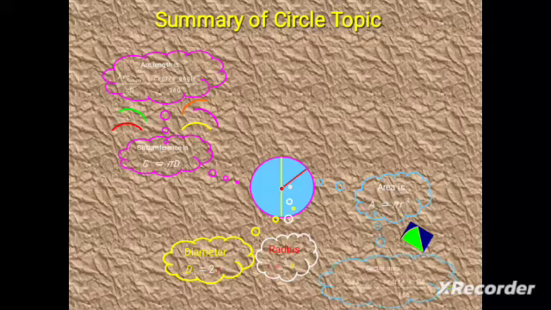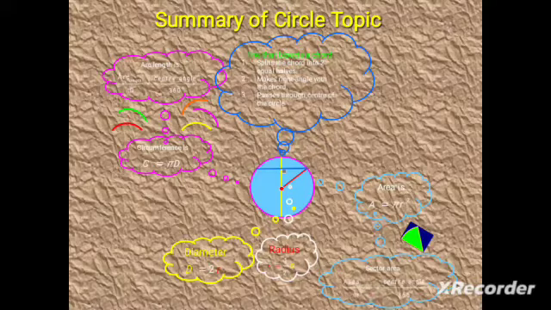Another thing, we have the area of a sector, which we have given in simple terms as theta over 360 degrees times pi r squared. Another thing, we have the information on diameter symmetry, that is the diameter and the chord.